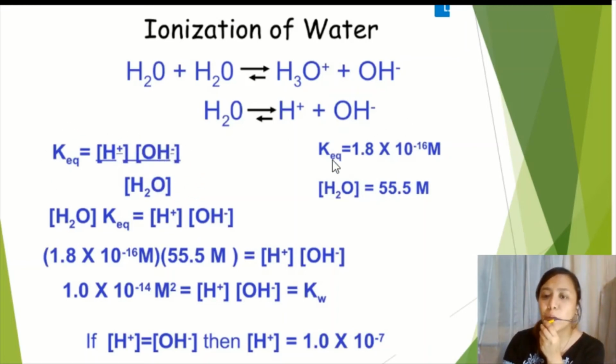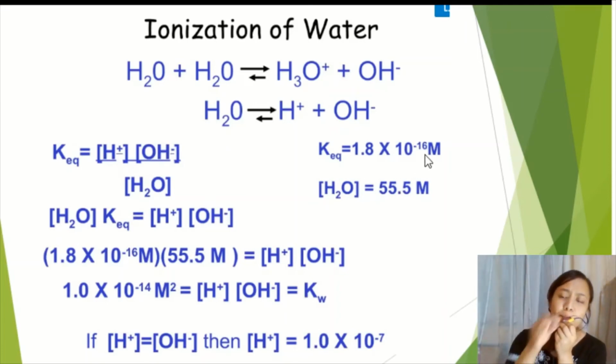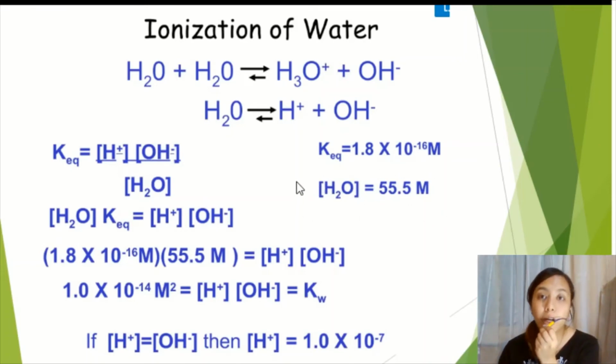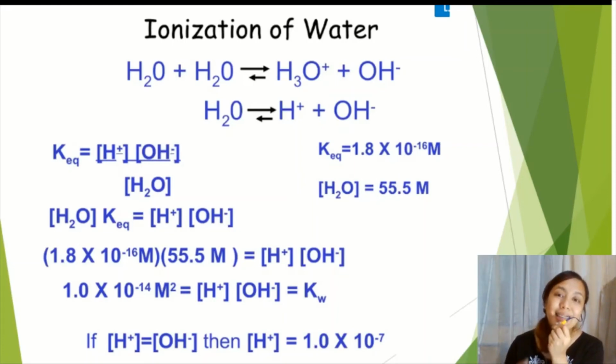In here, we were given the equilibrium constant of water. We did not calculate it manually, but you just have to know that the equilibrium constant of water is 1.8 times 10 to the negative 16. Can you see that H2O is equal to 55.5 molar? That's the concentration of water out of a 1,000 ml quantity.